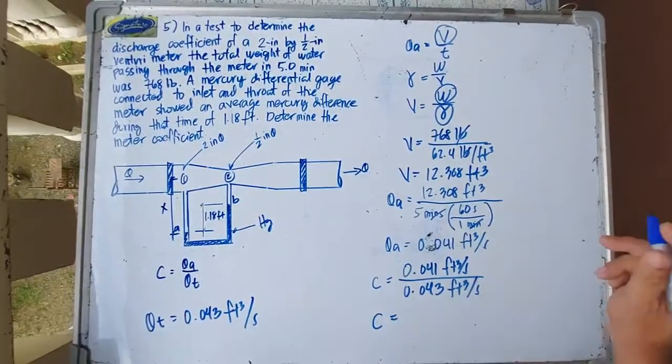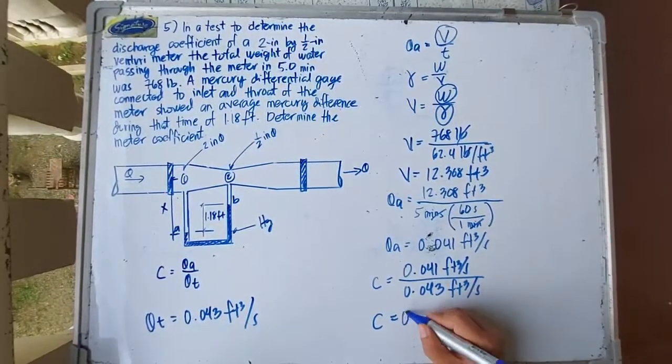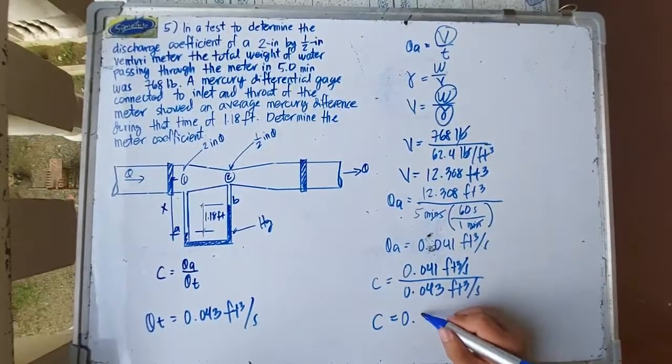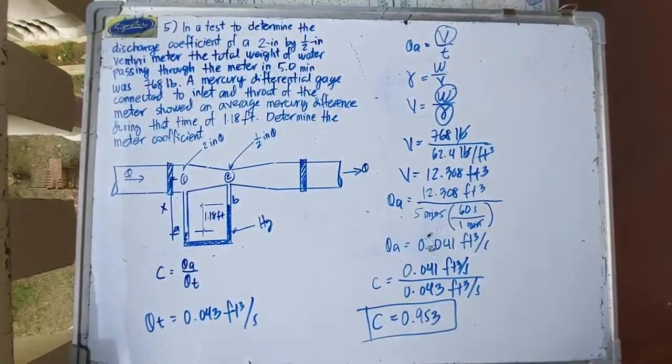So we have a meter coefficient of 0.953. So this would be the coefficient of the Venturi meter. That's how you determine the coefficient of a Venturi meter experimentally.